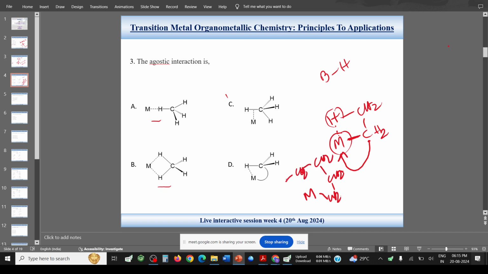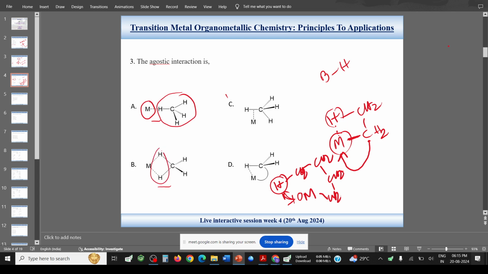So now this chain is arranged in such a way that this hydrogen and the metal are close to each other. They can perform the agostic interaction, but here you can see that metal is an entity outside from this molecule.